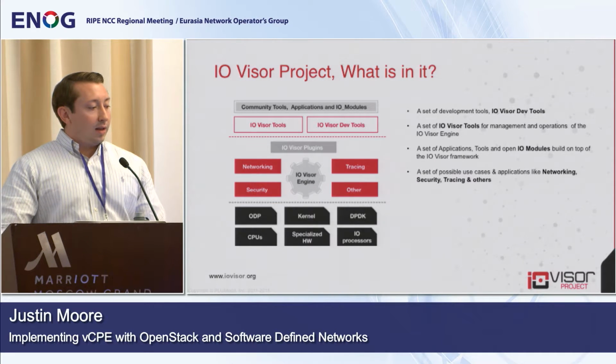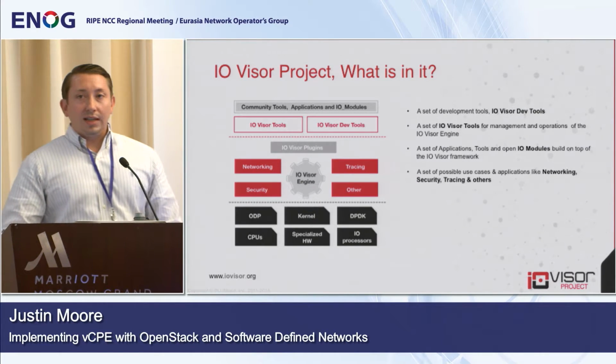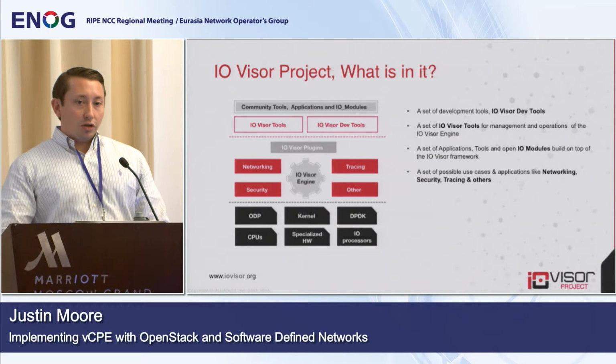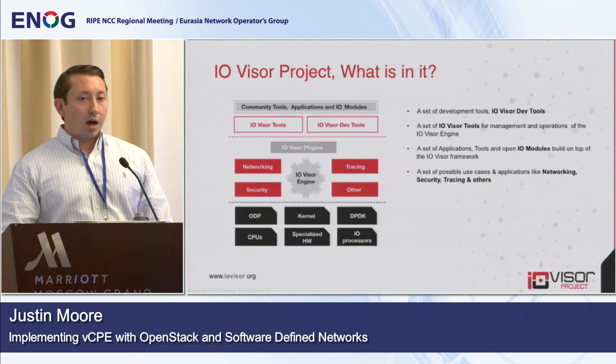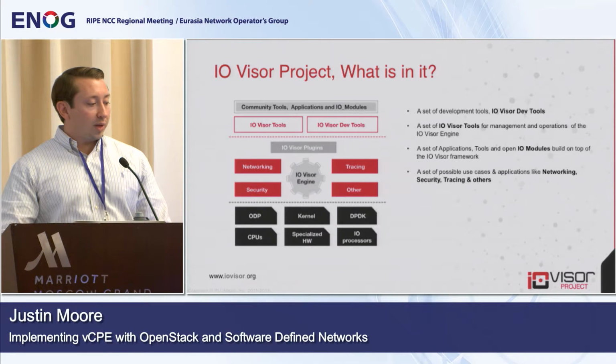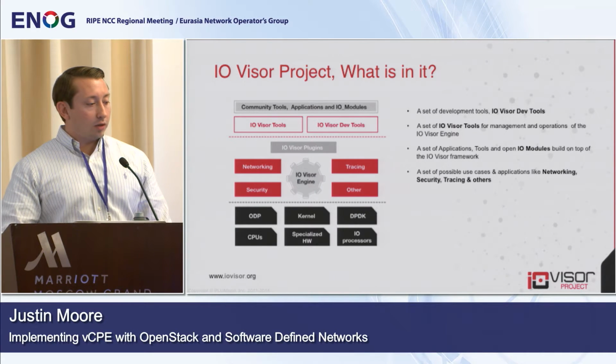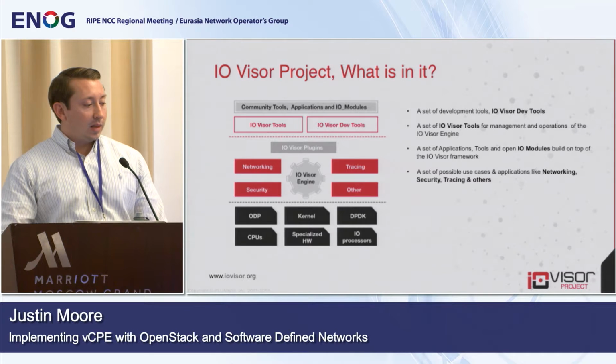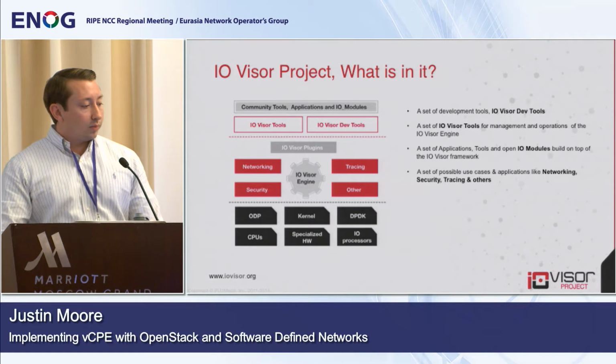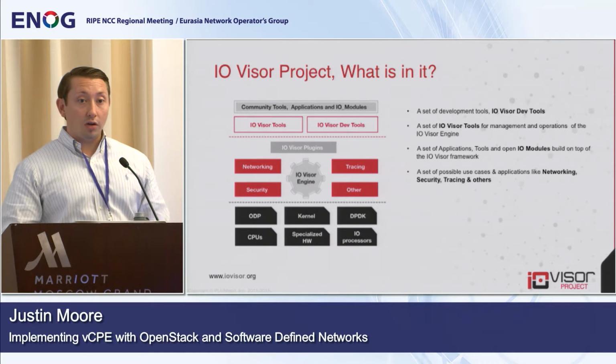All right. From a high level, what's in the IO Visor project? I mentioned already that we've got an IO Visor kernel module, so that's dynamically loaded. But we also leverage some user space tools for controlling IO Visor completely outside of the data plane. Also have some troubleshooting and traceability tools. But IO Visor also has an extensible plugin architecture. So we can plug in tools for not just networking, but security.